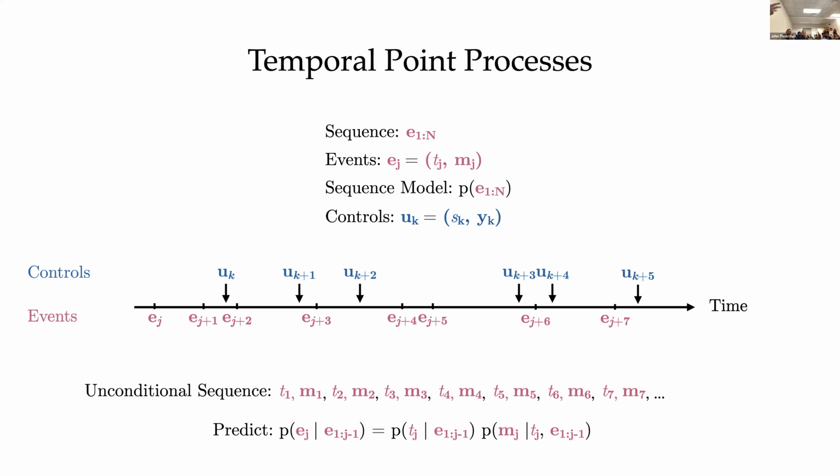I could have multiple notes in the accompaniment. And so now I need to figure out how to generate the events in this sequence, conditioned on this sequence of controls that are interleaved in time with the events. And this is the challenge that I was motivating before with this paired-off events and controls situation.